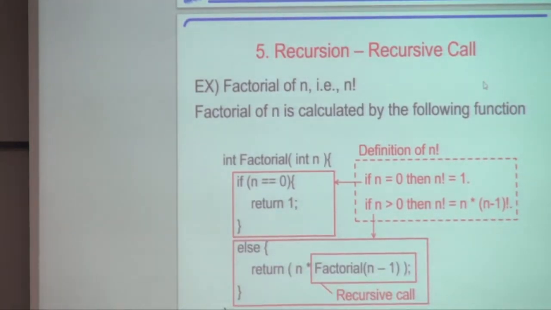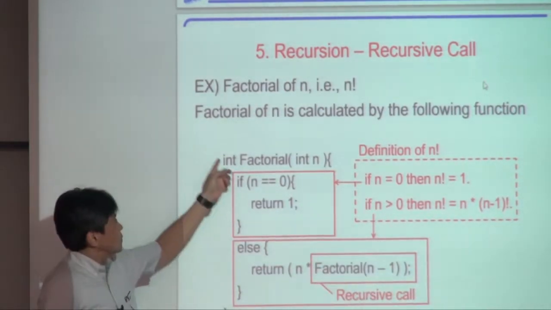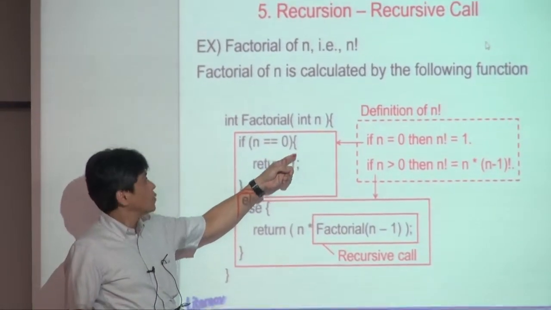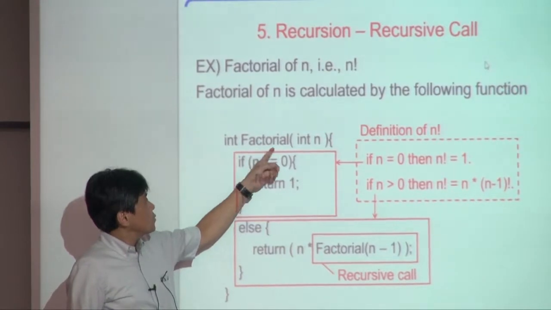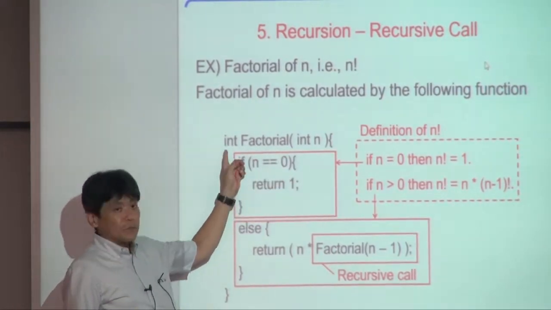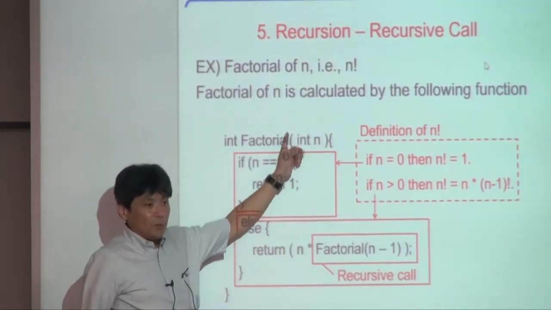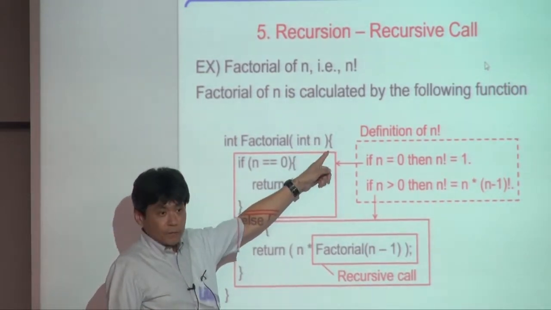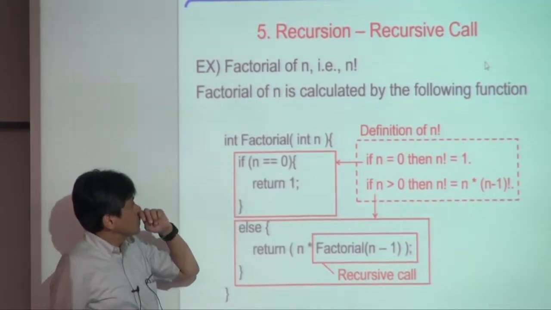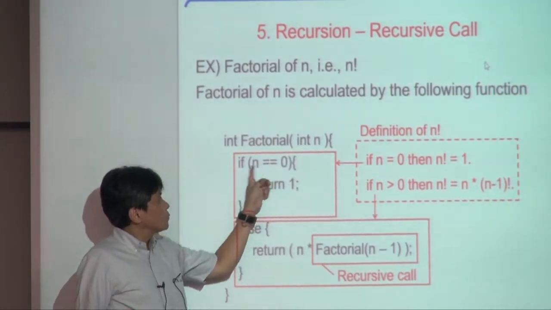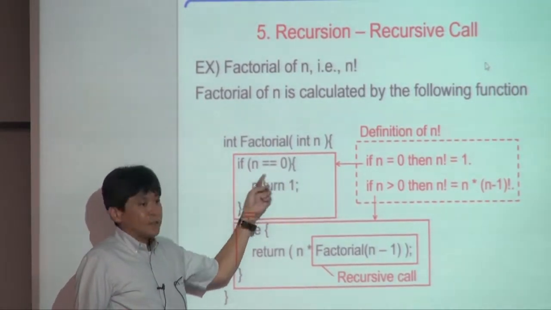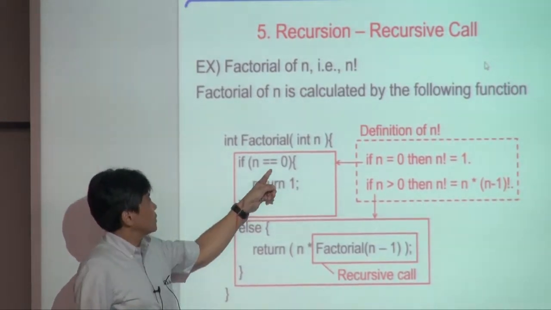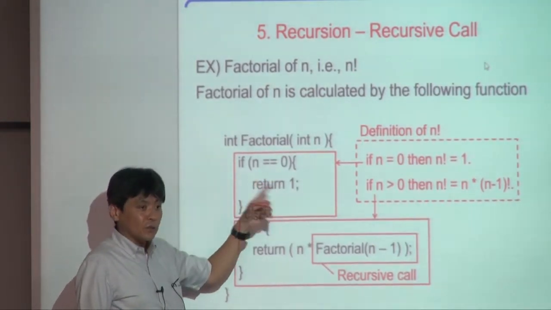So this is a recursive definition of the factorial as a recursive function. The function name is factorial, and the return type is integer. The argument is only one, integer type, and the variable name is n. If n equal equal, this is a predicate that checks whether they are equal or not.